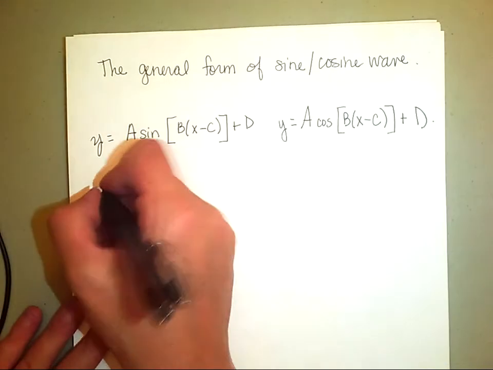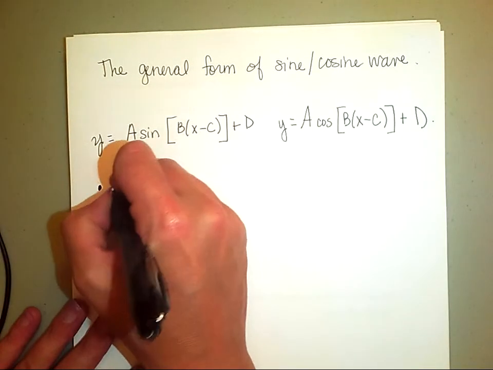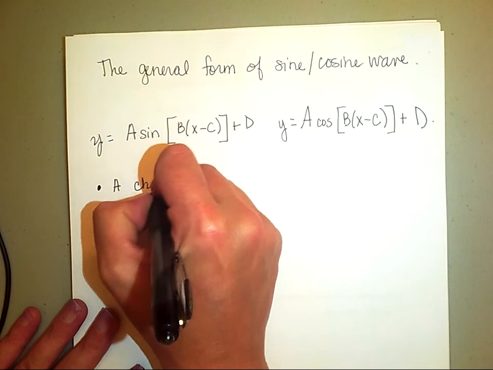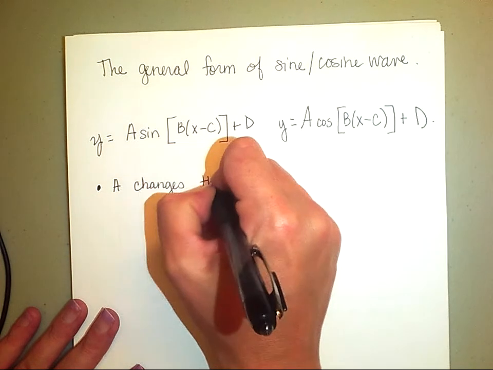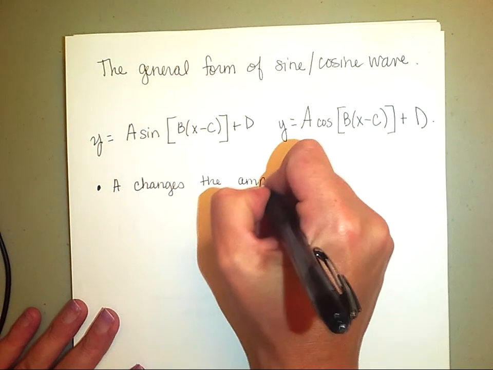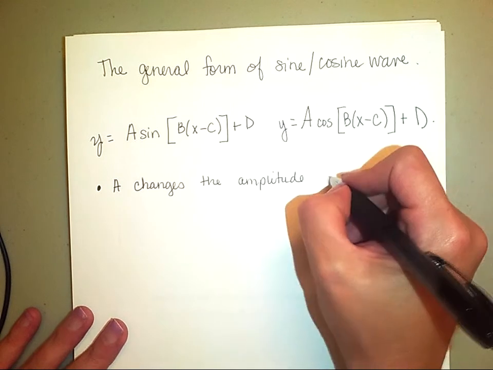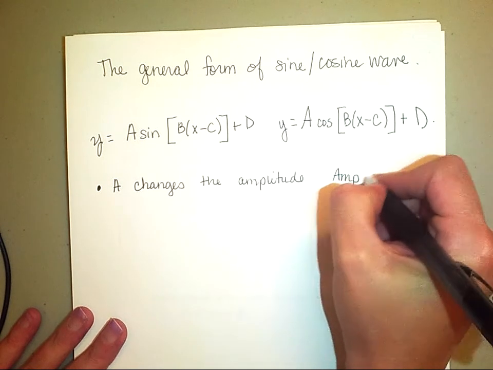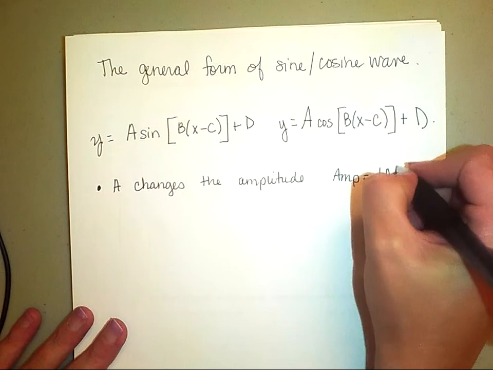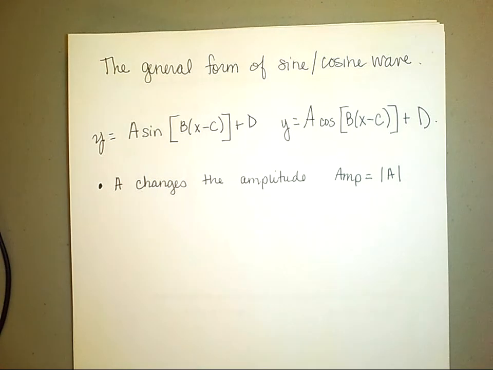Well, we've seen from earlier that a changes the amplitude. And specifically, the amplitude is equal to the absolute value of A. Okay, we never have negative amplitudes.